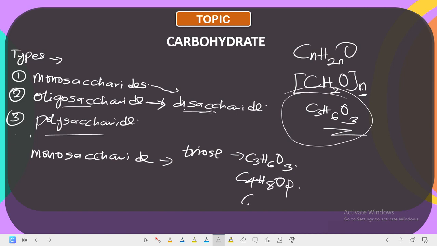Then we have the pentoses, C5H10O5. And then we have the hexoses, C6H12O6. Under this is where you have glucose and fructose. So all these are the classification of monosaccharides.